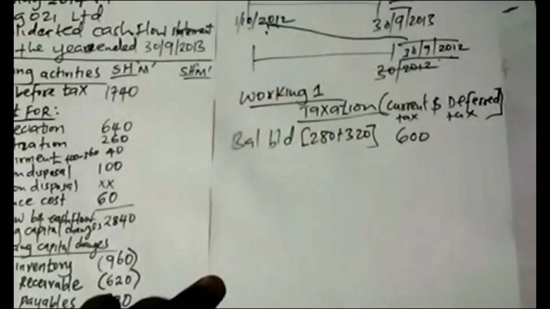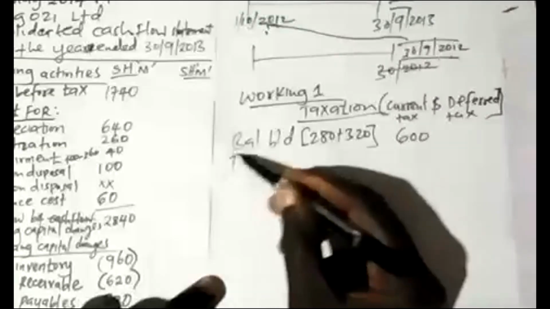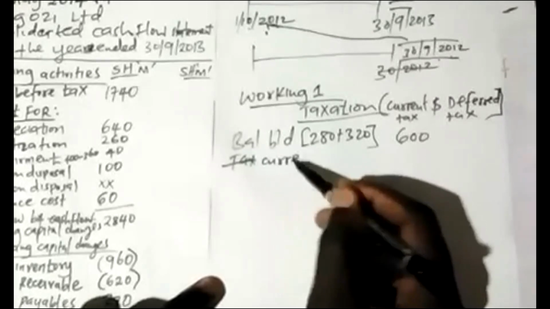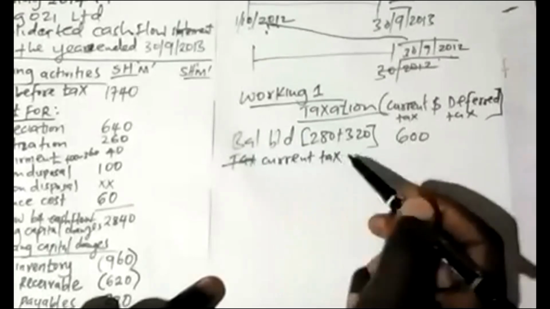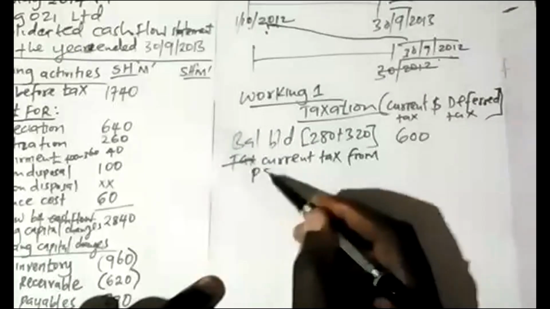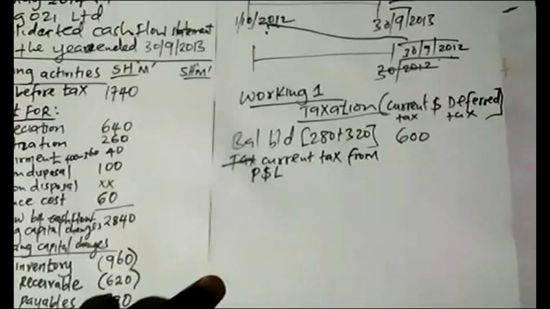After that, you have to consider the tax paid for the year. So the current tax from the P&L, the one which is in the income statement. Go to your income statement.